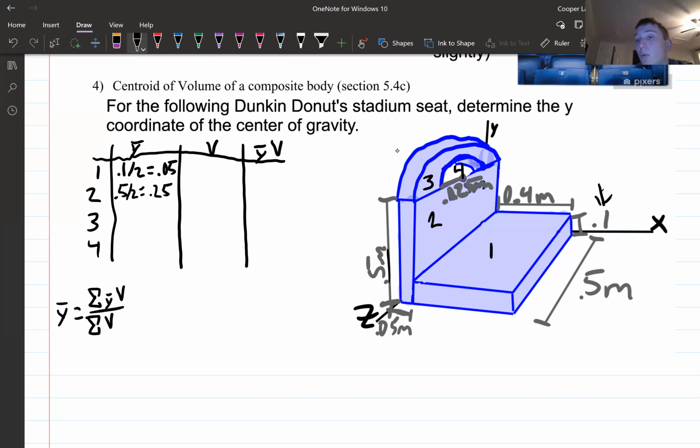Now this is where it gets a little more complicated. In order to find y bar of a semicircle, I do 4r divided by 3 pi. Now r for shape number 3 is, we're going to grab this and divide that by 2.